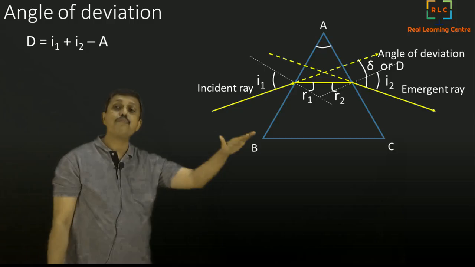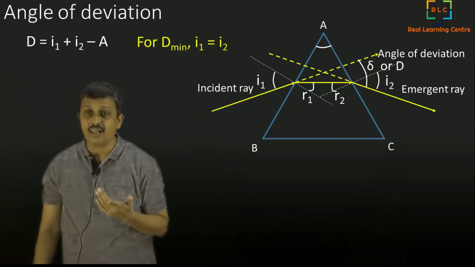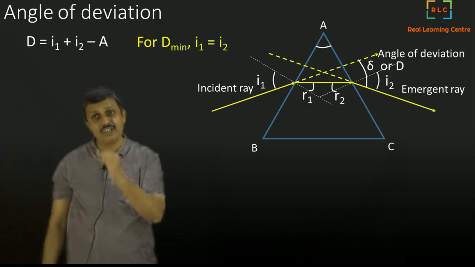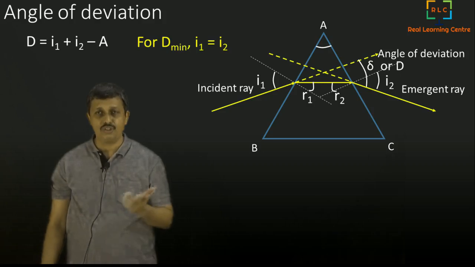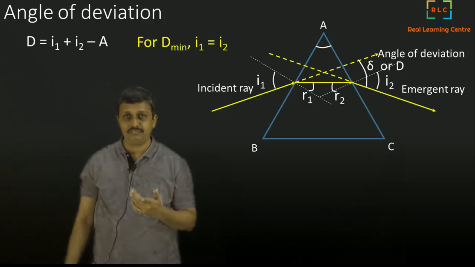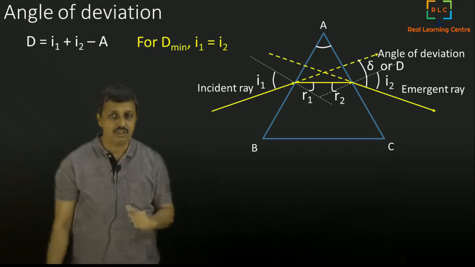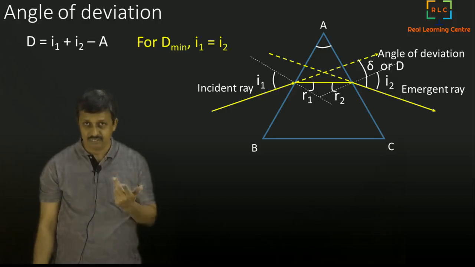So you can compute I2 given I1. So for minimum deviation, you have to put I1 is equal to I2. This also can be proved. I1 is equal to I2 is for minimum deviation.